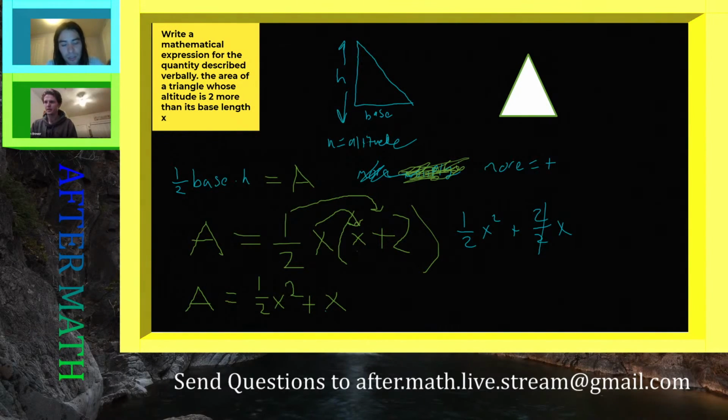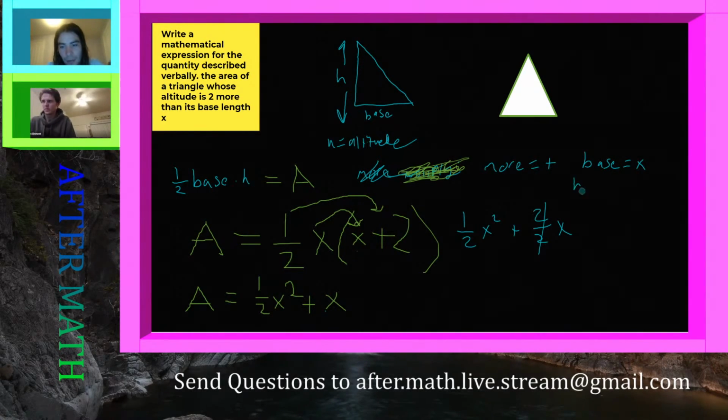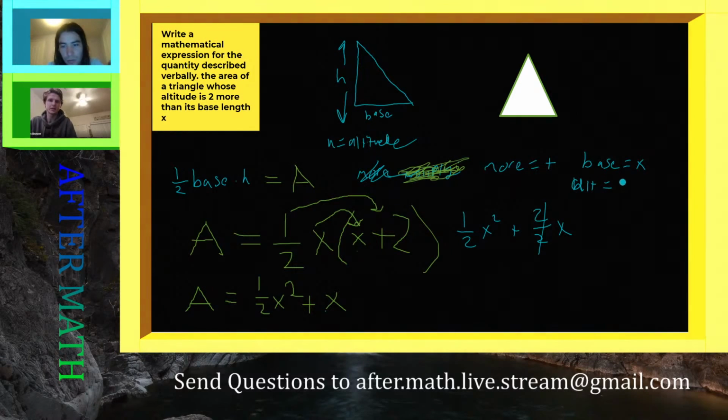And just to clear things up, from that, it says base length is equal to x, and I'll say alt for altitude is equal to x plus 2 because it's 2 more than the base, right?